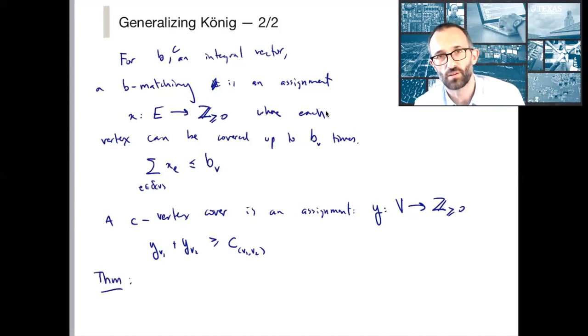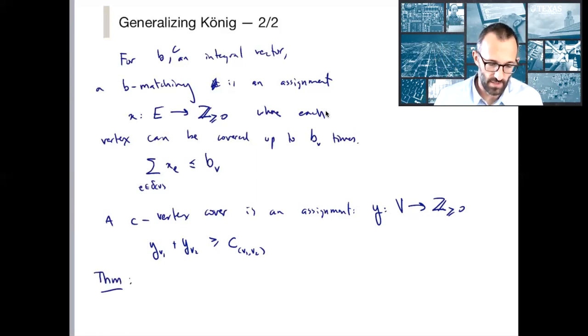So the generalized Konig's theorem is, we've essentially just put words around what was obvious from the previous slide.